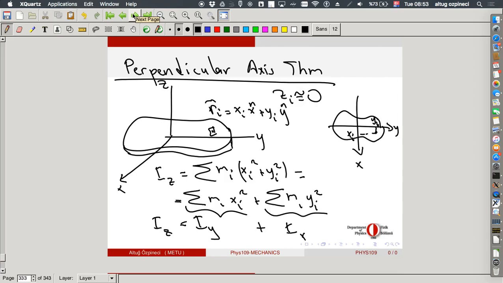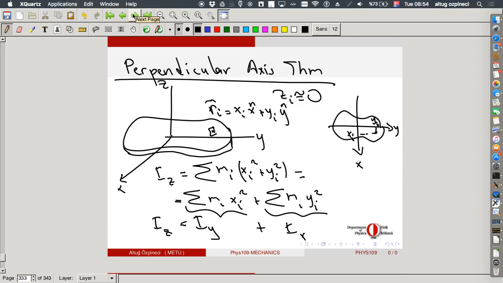If you take this point, the distance of this point from the y-axis is its x-coordinate. So this expression is nothing but the mass of that point multiplied by its distance from the y-axis squared. But this is nothing but the moment of inertia for rotations around the y-axis. And this is nothing but the moment of inertia for rotations around the x-axis.